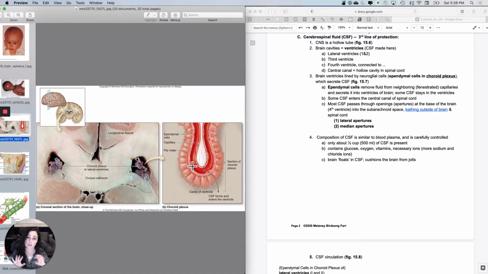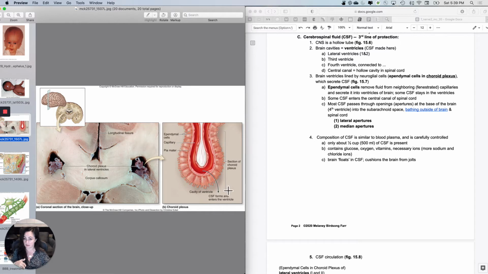And what they will do is they will pull all of the juiciest stuff out of the blood plasma, and they will make it basically into cerebrospinal fluid, which is kind of like blood plasma minus clotting proteins plus a whole bunch of ions that you need for nervous system. And they're going to dump it into the ventricles of the brain. And then we'll talk about how it actually circulates in just a second.